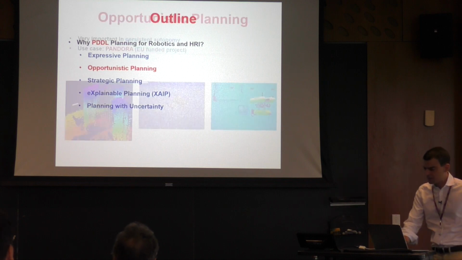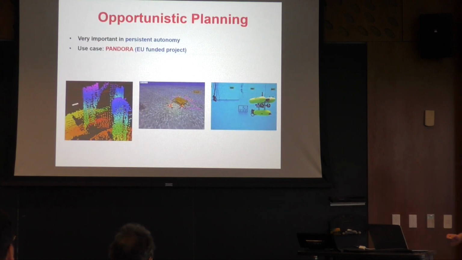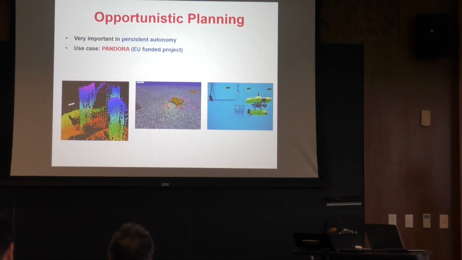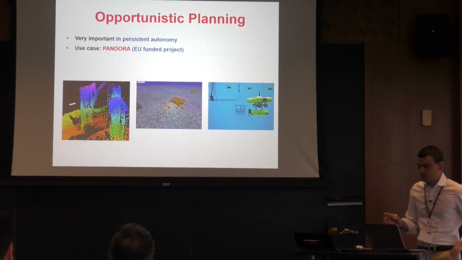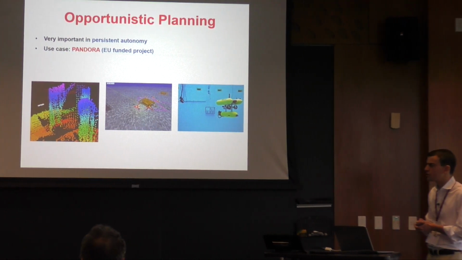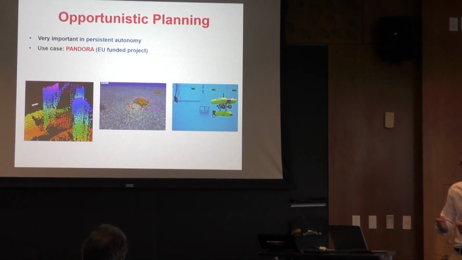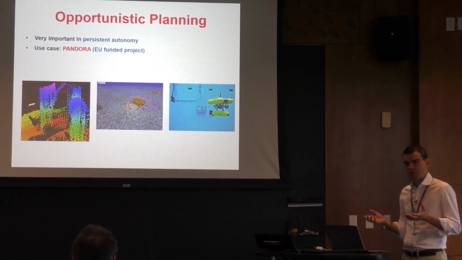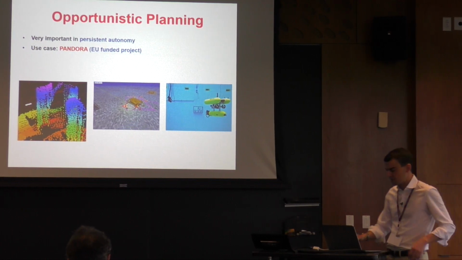Now, this is an example for a project we've been working on in underwater robotics. It's called PANDORA. And the problem here is persistent autonomy, meaning that you want the AUV, the autonomous underwater vehicle, to be in the ocean for days or weeks without human intervention and doing a set of tasks.